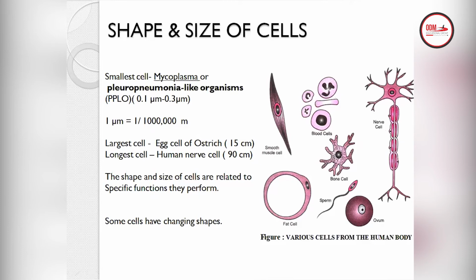But some cells are there which can change their shape, for example your amoeba, which is a unicellular organism. You know that amoeba has an irregular shape and size. Why? Because it undergoes the nutrition process with the help of the streaming movement of the cell. What is the streaming movement?